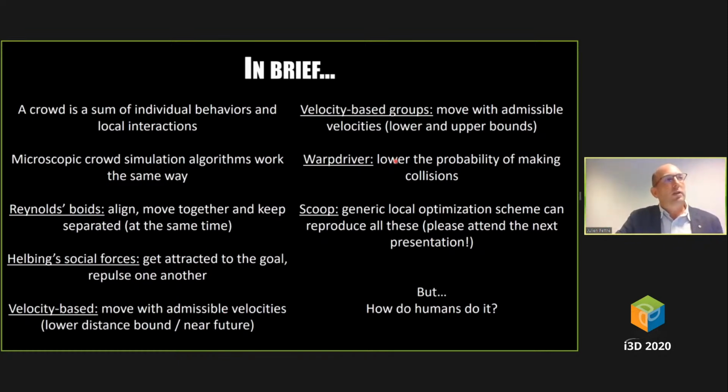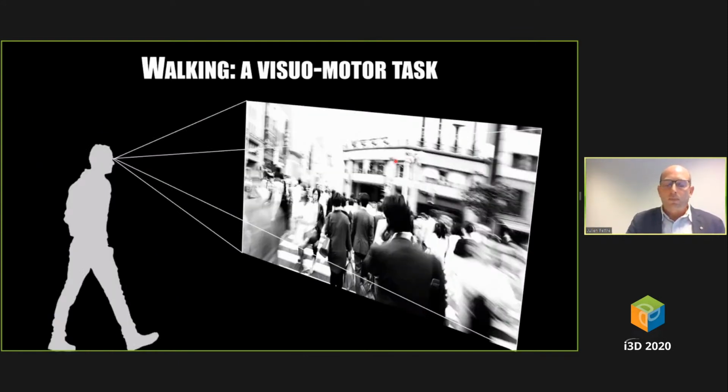So we asked ourselves this question, and the first thing we considered is the information by which people walk in their environment. And walking is mainly a visual motor task. So vision is the main sensory input when you achieve locomotion. It's a dominant sensory input. Of course, there are other modalities.